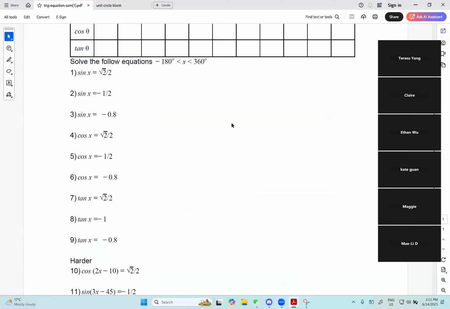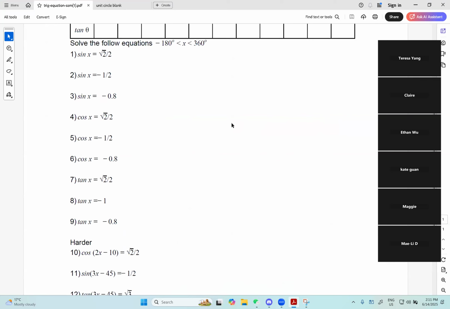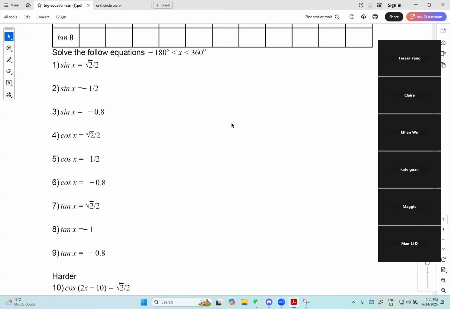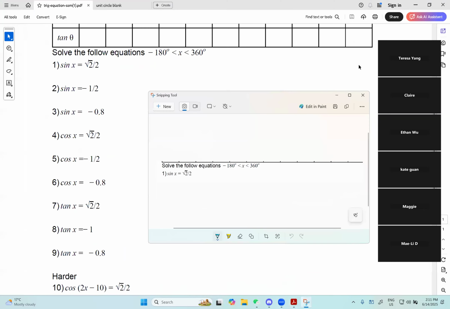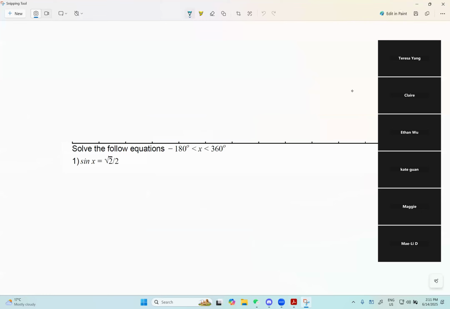Did we try this one? No? Okay. How we solve the equation, sine x equals root 2 over 2? We have two ways. Check here.